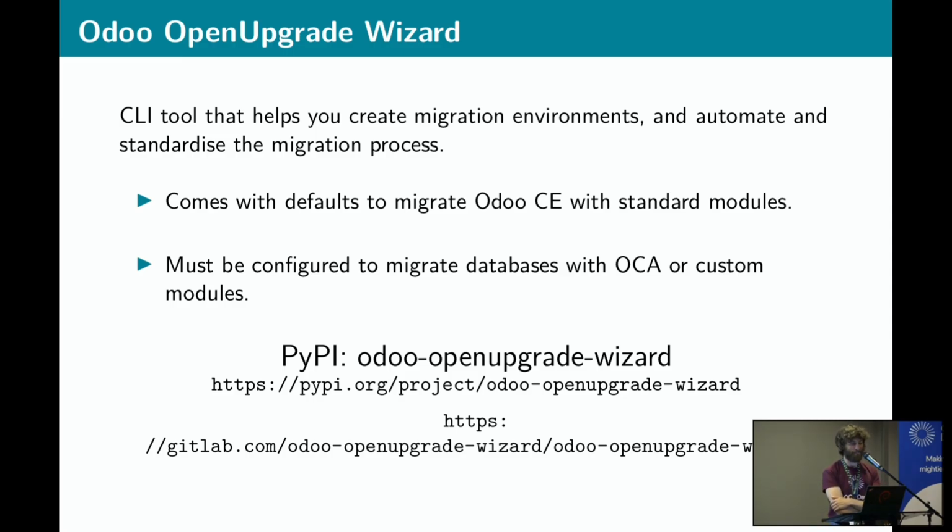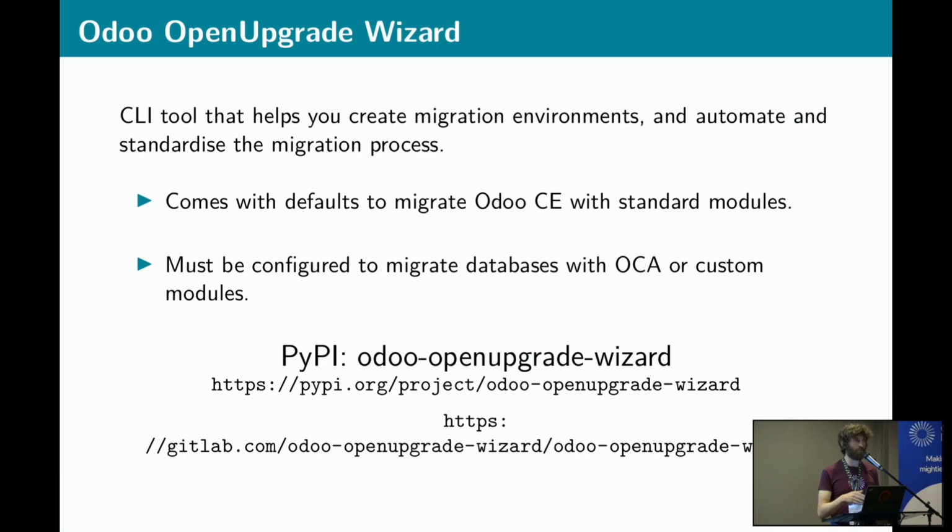So you can find it on PyPI. It's called Odoo OpenUpgrade Wizard. In fact, it's not really a wizard, it's more an orchestrator, because it helps you set up everything and run the migrations. It comes with templates and nice defaults for migrating an Odoo Community Edition with the standard modules.